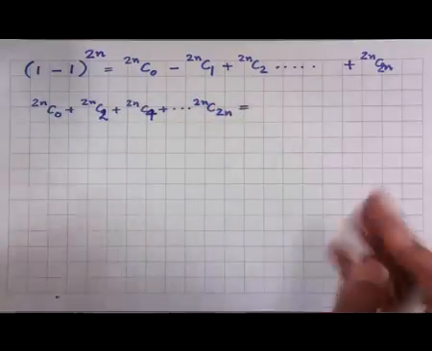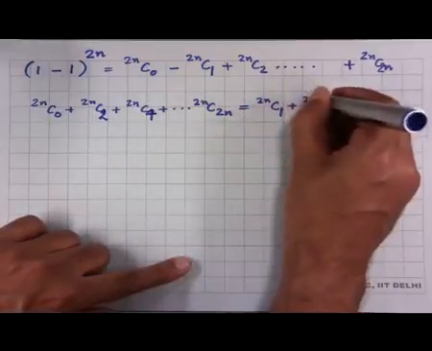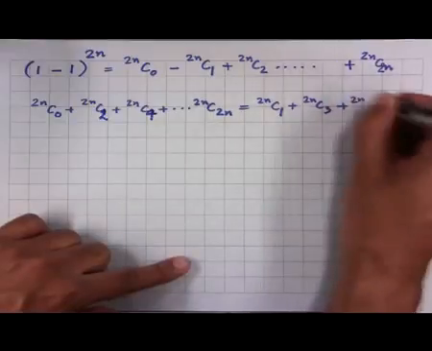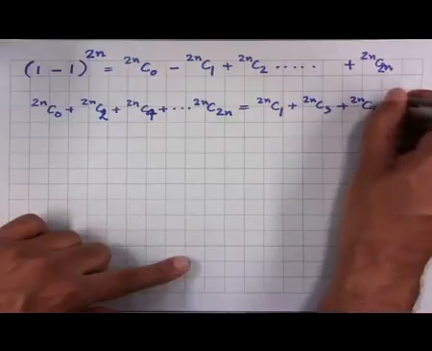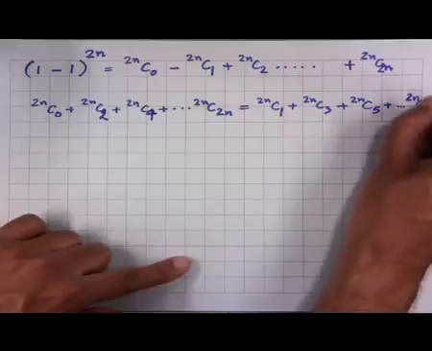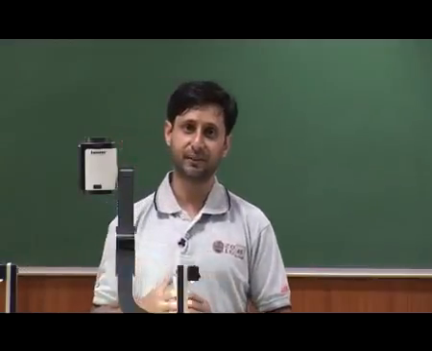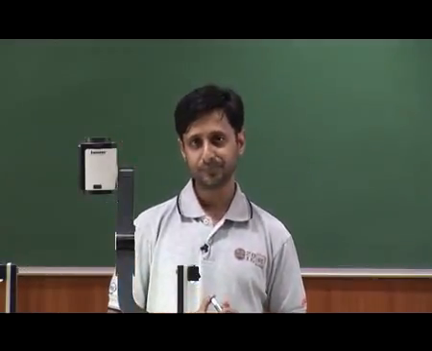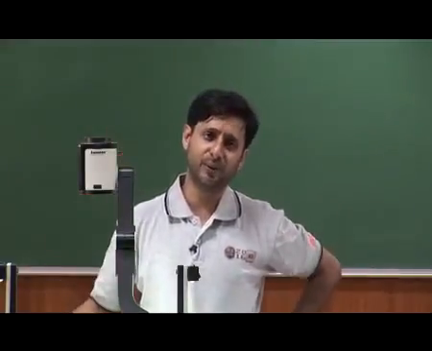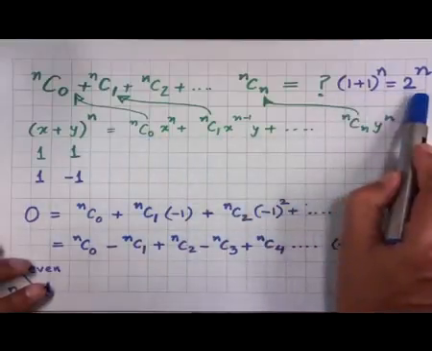This whole sum will be equal to 2n C1 plus 2n C3, all the odd terms on the other side. Okay. So, on one side I have kept the odd terms, on the other side I have kept the even terms. And now tell me something, what is the sum of all these coefficients, all of the coefficients, what is the sum?